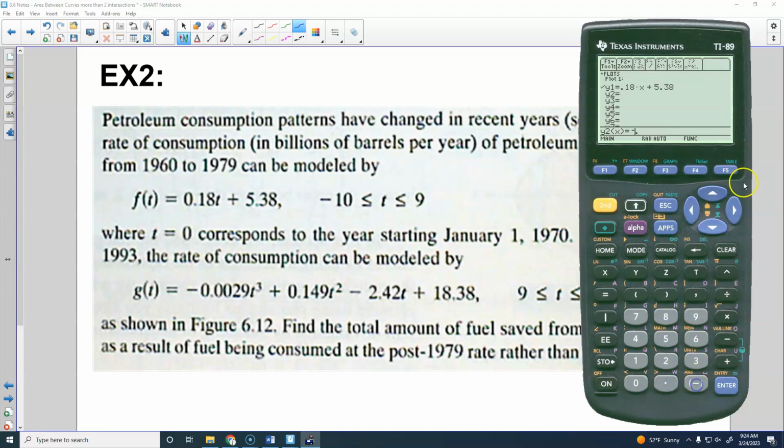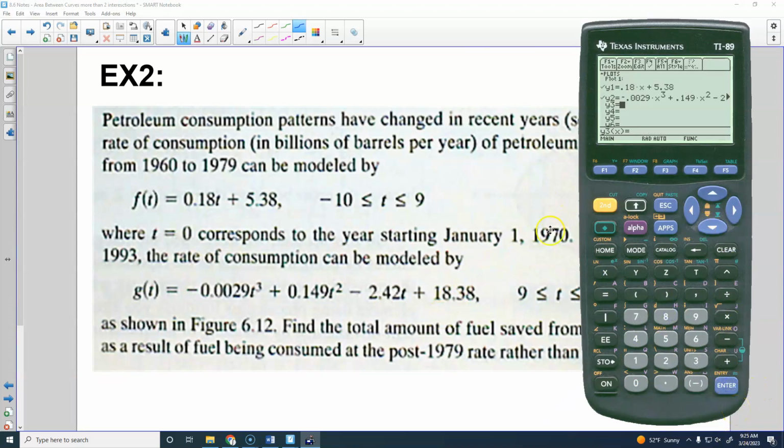Negative 0.002. Hopefully I've got that in right.